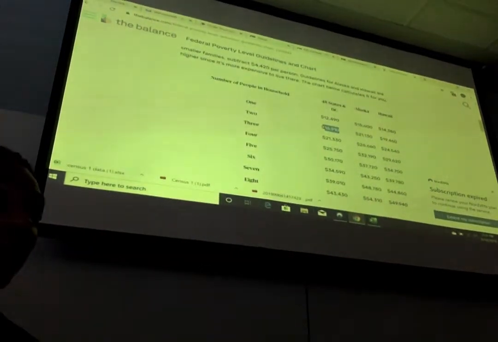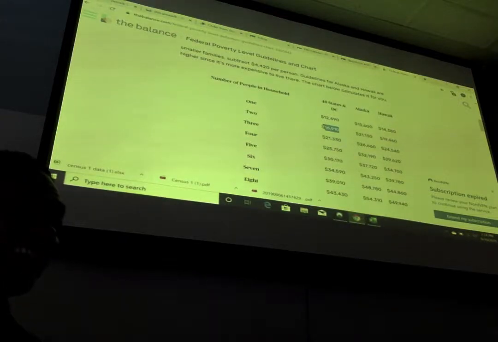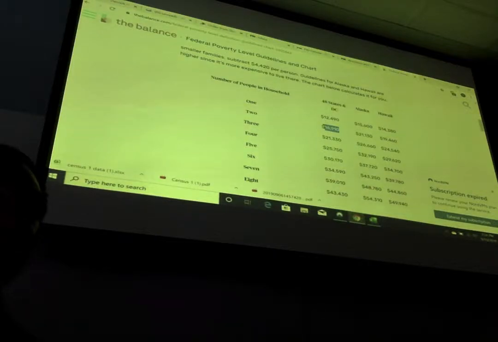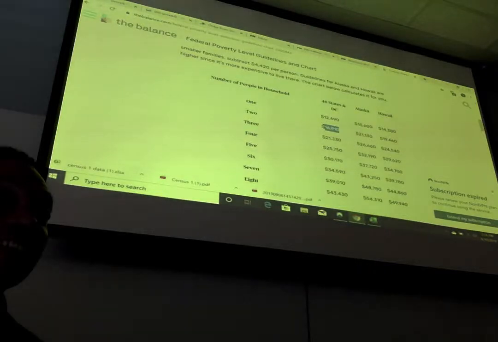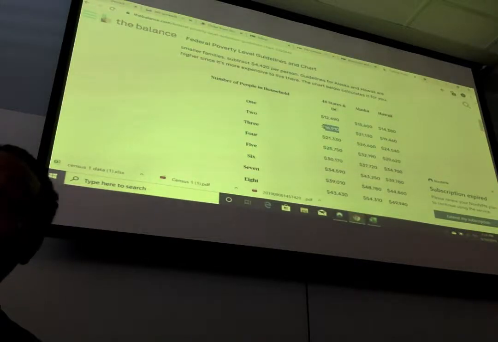If you're a single parent making 16,000, making 17,000, you're not in poverty. Did you know that? Because you're making above the poverty line. That sounds kind of crazy though, doesn't it? It is. If you're a family of 2 making 17,000, then that's not poverty.